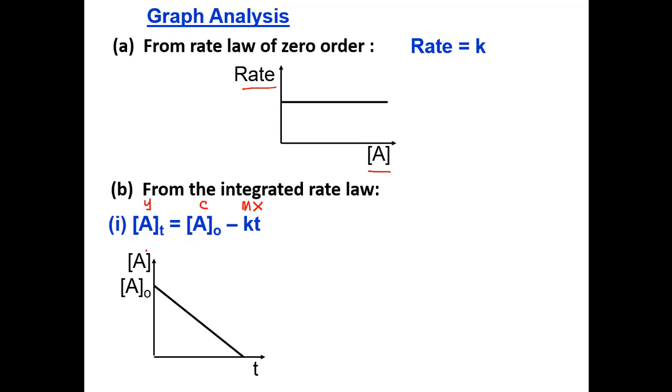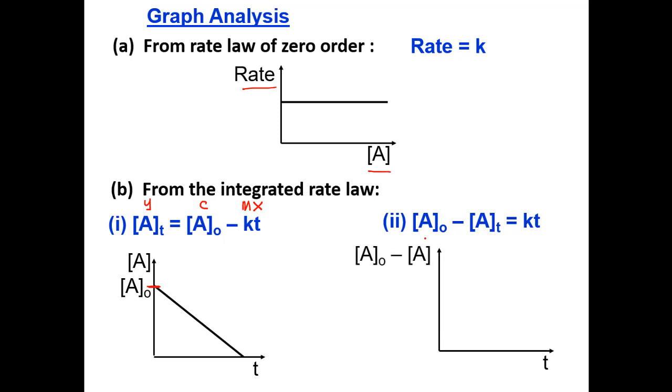So when you plot a graph of concentration against time, you akan dapat a straight line with a negative gradient, dan kita punya Y intercept sini yang sentuh Y axis kita adalah kita punya A0. Alright. So if you plot A0 minus AT sama dengan KT, so this is now your Y, this is your M and this is your X lah. So you akan dapat straight line like this passing through the origin sebab tak ada Y intercept.